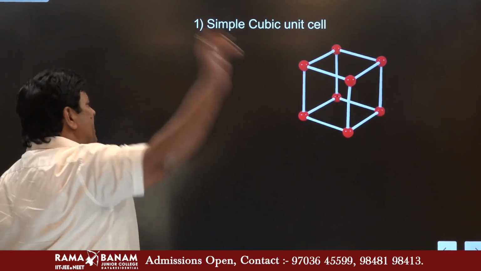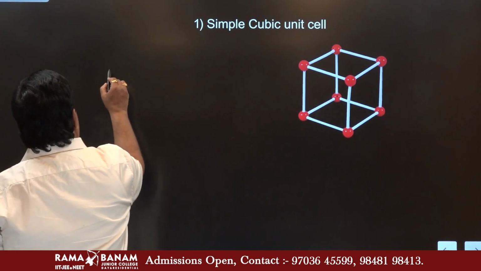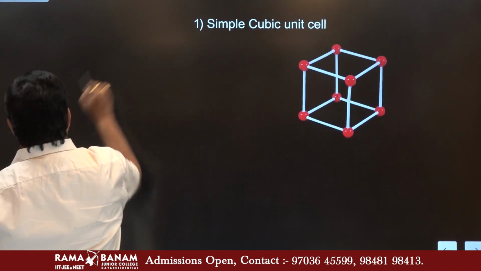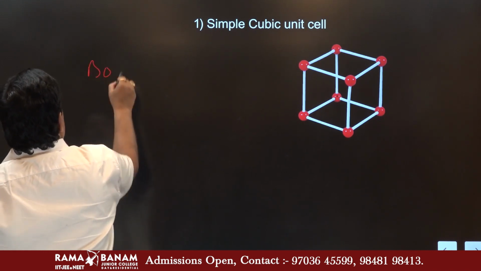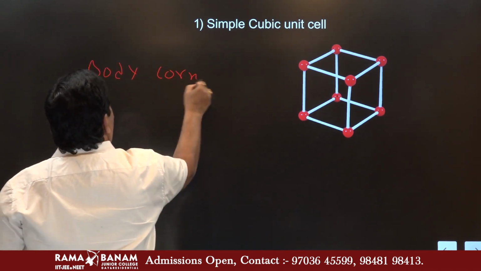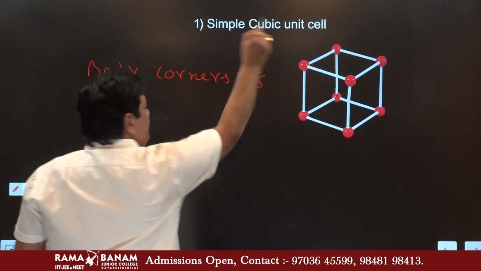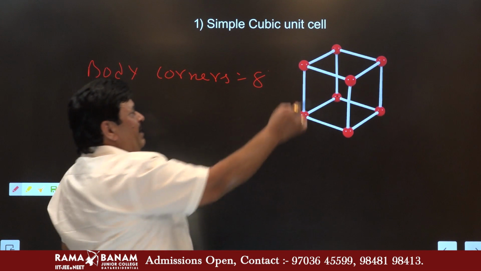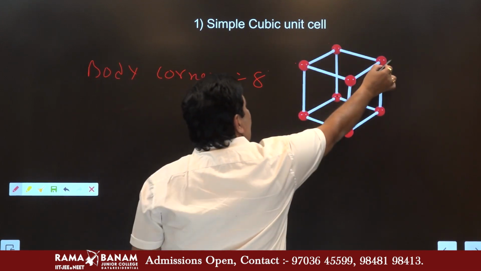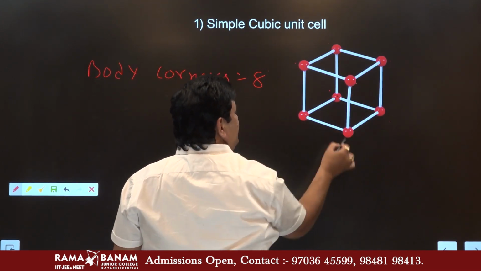See, in any cube, how many body corner particles are present? Totally there are 8 body corners: 1, 2, 3, 4, 5, 6, 7, 8.